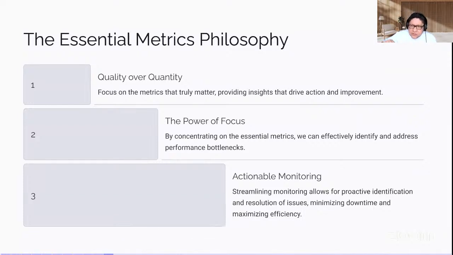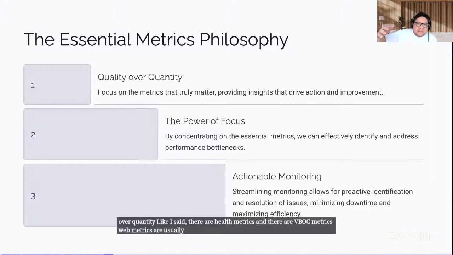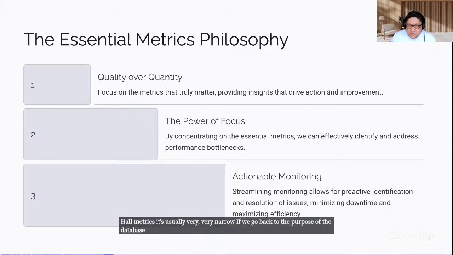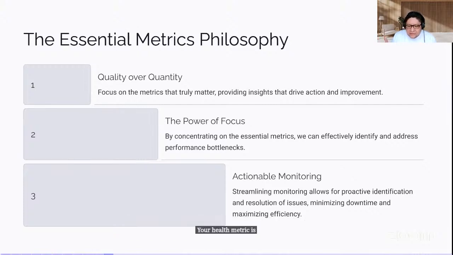Debug metrics are usually the ones that are the most. Health metrics are usually very, very narrow. If we go back to the purpose of the database, which is to execute as many queries as possible, as fast as possible, your health metric is around queries, not around write or read disk latency.